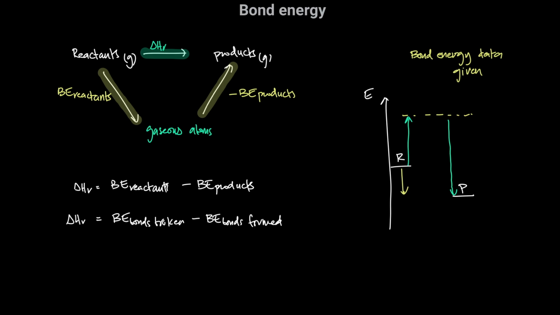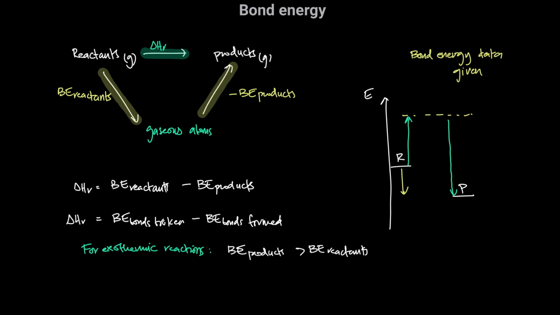So we can say for exothermic reactions the following: the bond energy of the products is greater than the bond energy of the reactants.